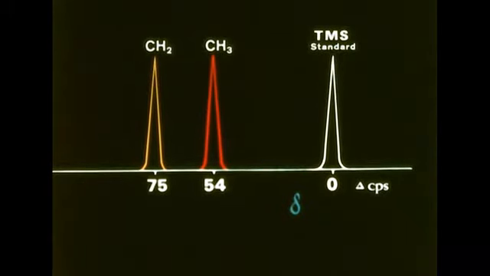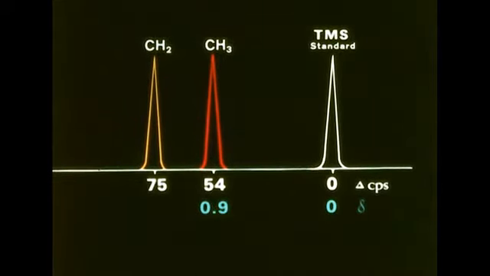To convert chemical shifts to parts per million, the shifts in cycles per second are divided by the radio frequency in megacycles, in this case 60. Thus, the chemical shift of the methyl group is 0.9 parts per million, and the chemical shift of the methylene group is 1.3 parts per million.